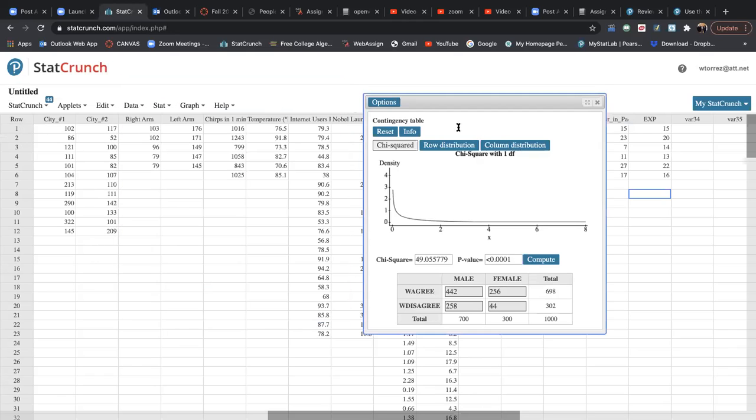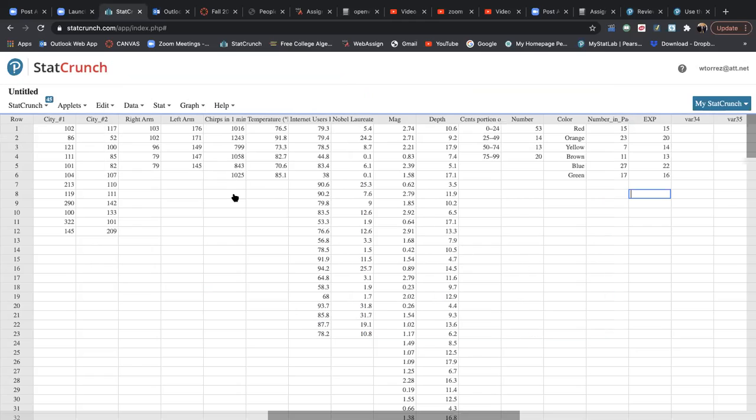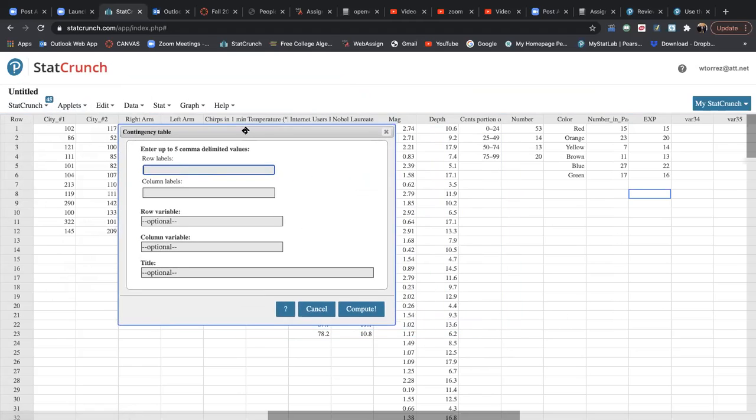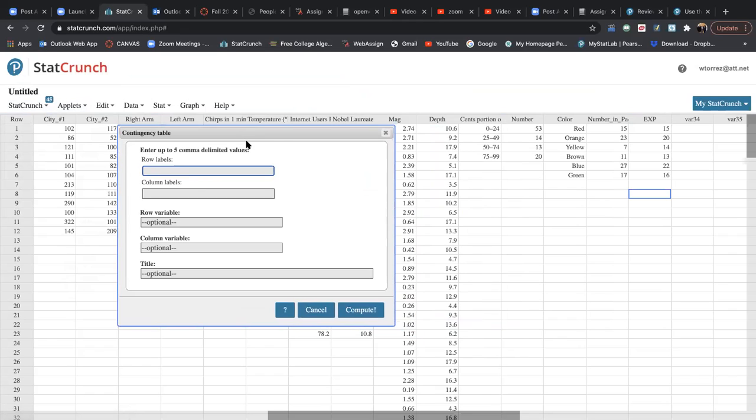Let's hide these results, go into our applets list, and select our labels here. First row label will be, we'll call it wear seatbelt.